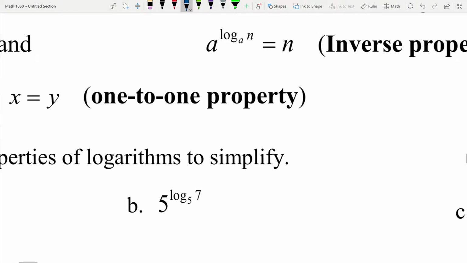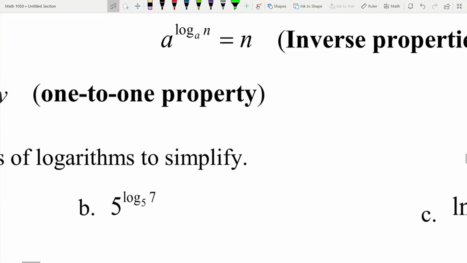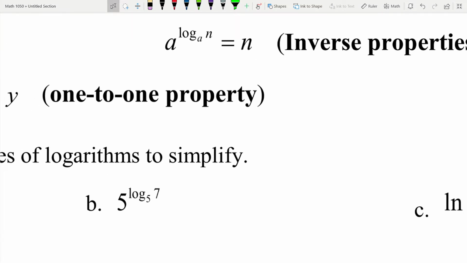Okay, this rule right here is the only rule that I don't really have a way to walk you through. So we're just going to write a couple down. Everybody write 7 raised to the log base 7 of 2x. And I want you to put that 2x in parentheses. The 2x doesn't have to be in parentheses, but I like to, just because if what you're taking the log of is complicated, I like to just make it clear.